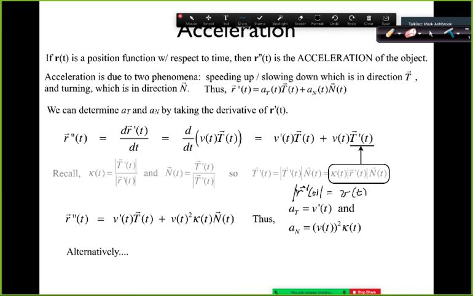So it's a scalar real-valued function. And you take the derivative of that, the second derivative but just of the speed. So that's the tangential acceleration as a number, as a value.